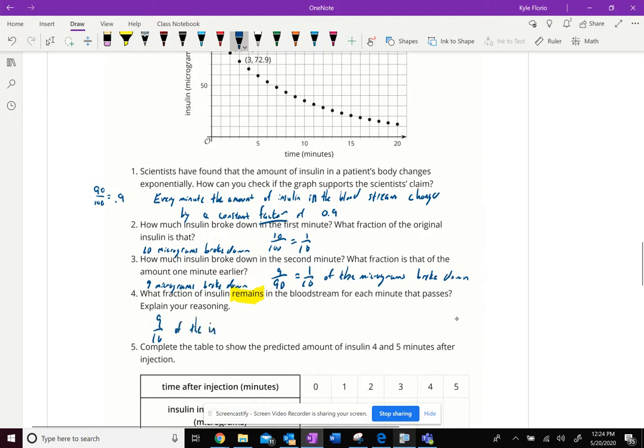So 9/10 of the insulin remains in the bloodstream, since 1/10 broke down.